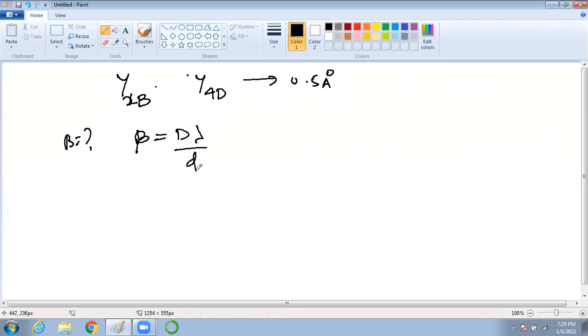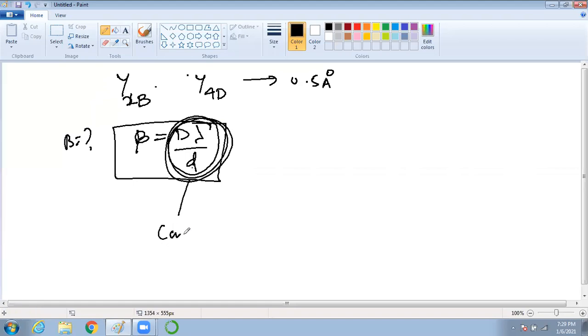Beta is d lambda by d. Yes or no? No, no. It is individually. First you have to see it is consecutive. This formula is for consecutive fringes. But these are not consecutive. Am I clear?